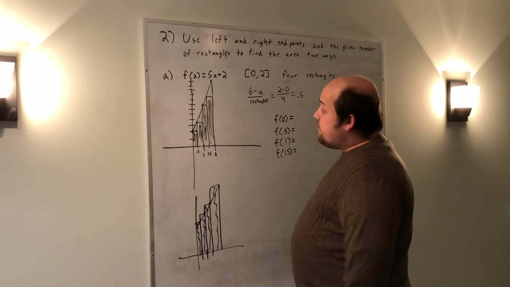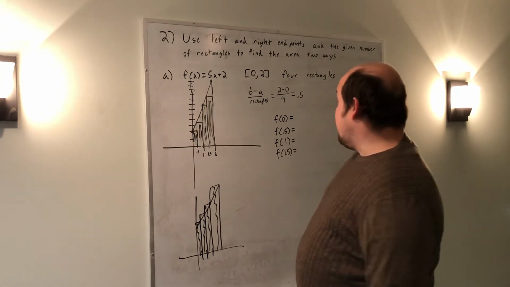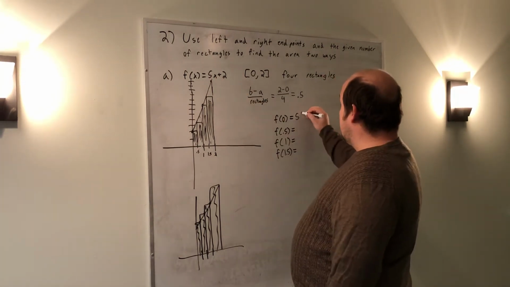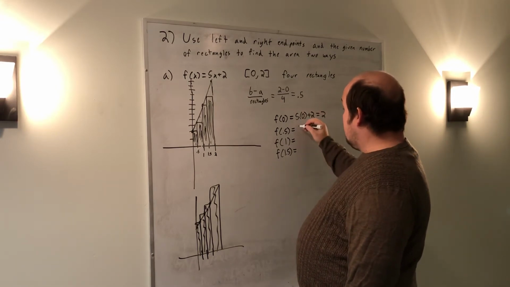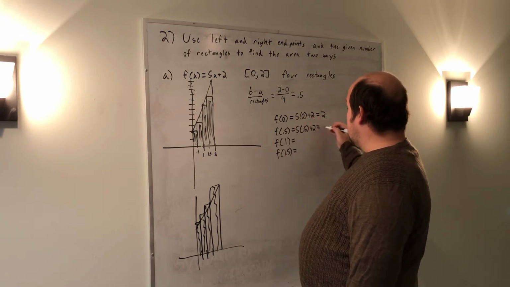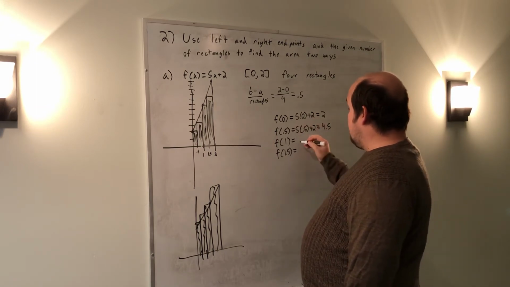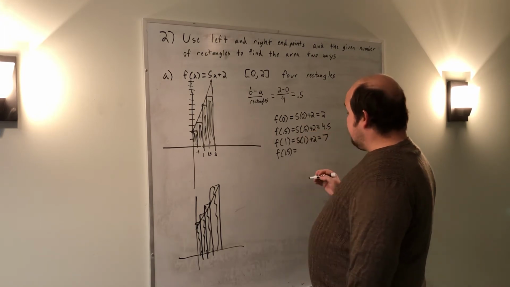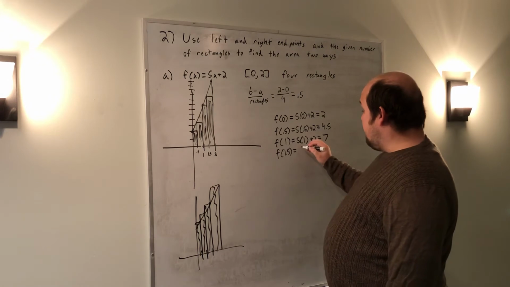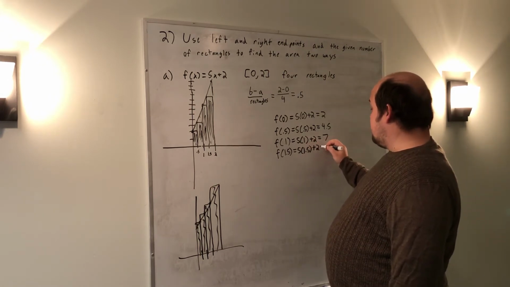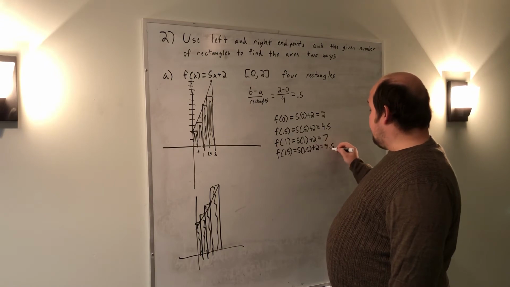I can do it graphically, or it's probably easier if I just plug into the formula. If I put 0 into 5x plus 2, 5 times 0 plus 2 gives me 2. If I put 0.5 in, 5 times 0.5 plus 2 gives me 4.5. If I put 1 in, 5 times 1 plus 2 gives me 7. And finally, if I put 1.5 in, 5 times 1.5 plus 2 gives me 9.5.